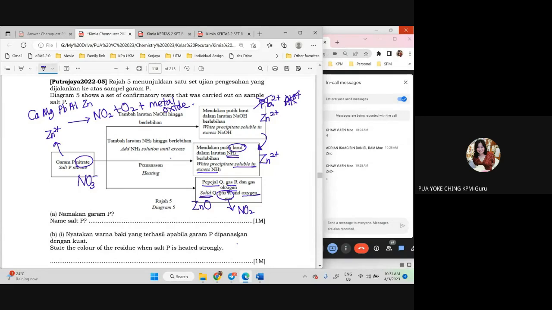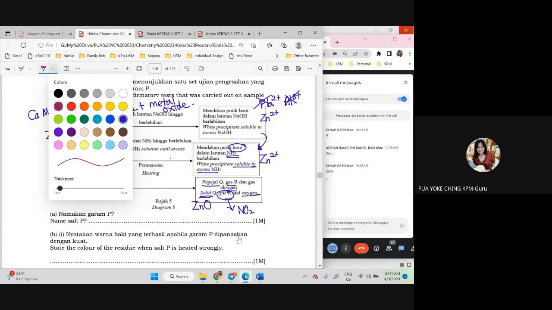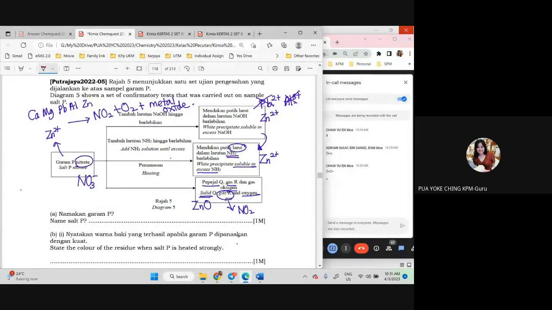Okay. But for nitrate, let's say it is sodium nitrate or potassium nitrate. It can decompose, but you will not get metal oxide. Let's say this is NaNO2, right?